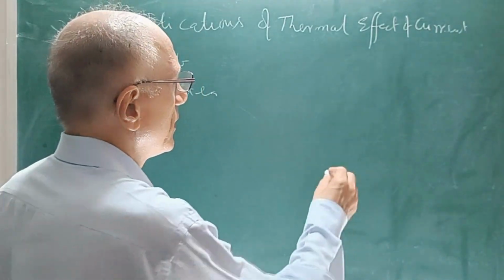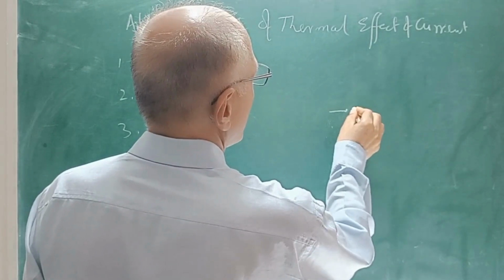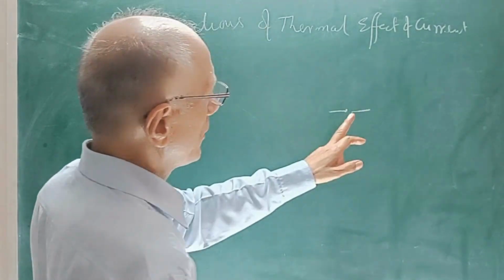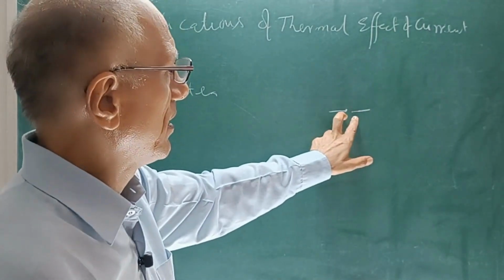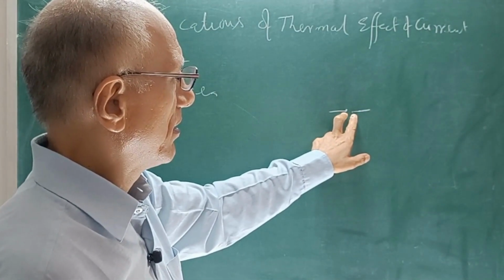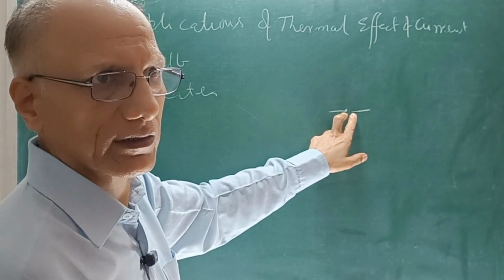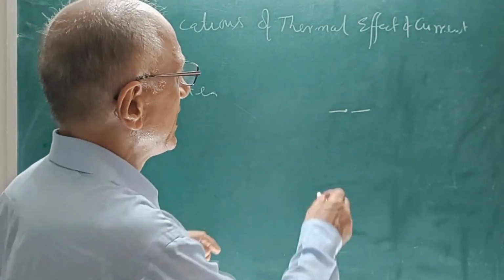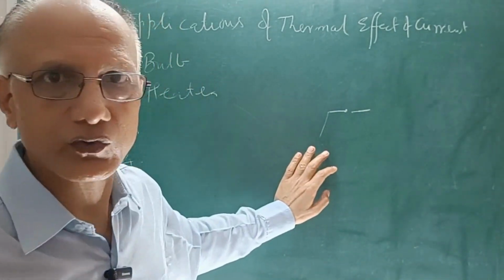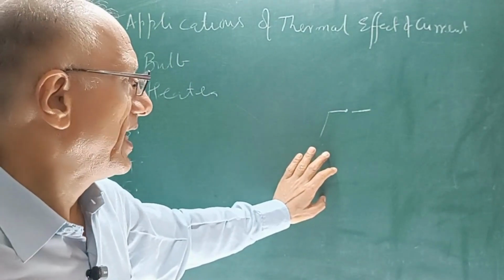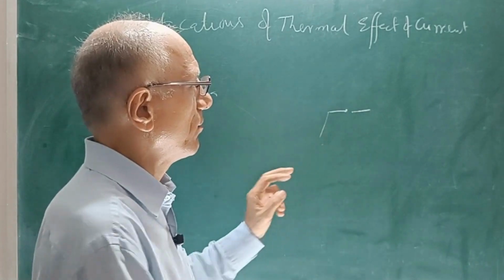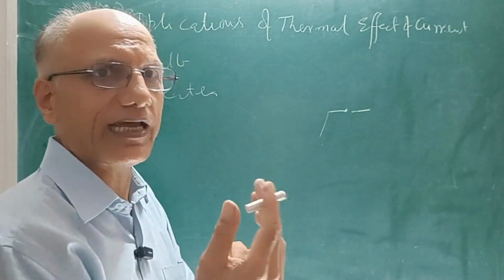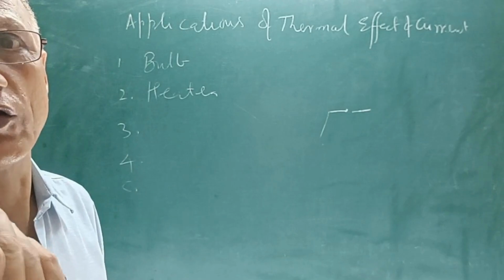What they do? That time they keep the two metal rods very close to each other. One is connected to the negative terminal of the source, the battery, and the second one is connected with the other.